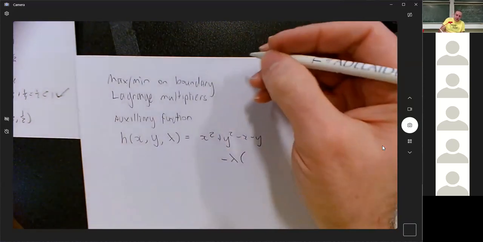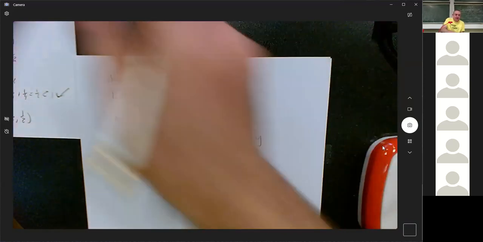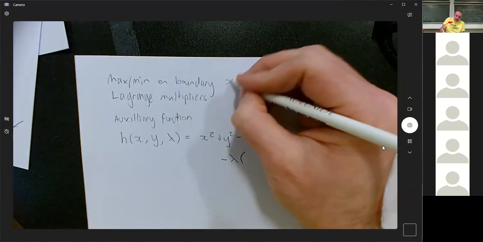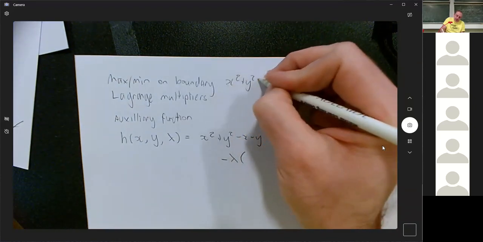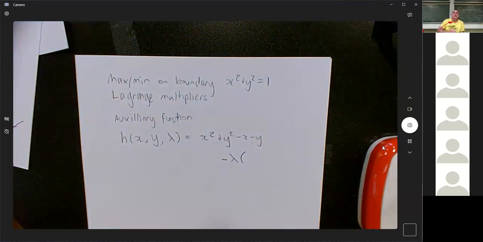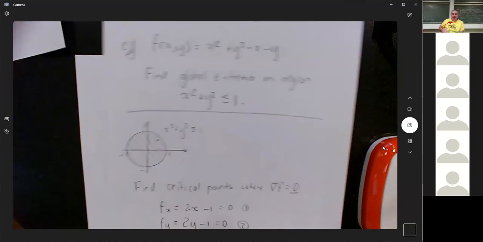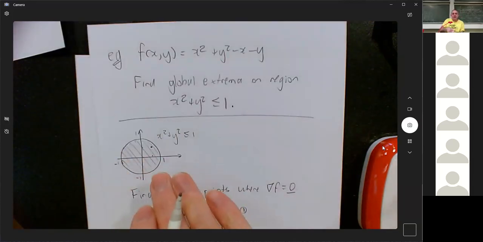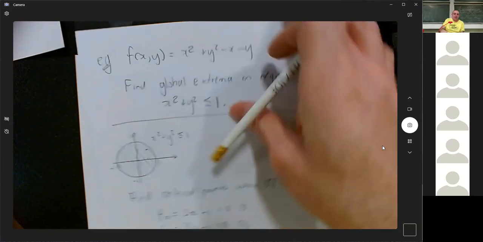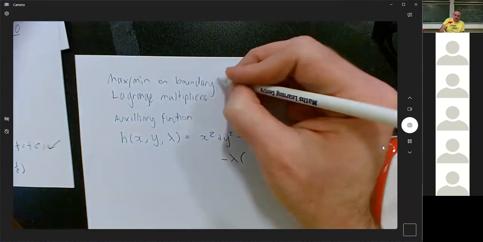So I'm just going to point out that the boundary of this is the place where x squared plus y squared is equal to 1. So it's less than or equal to 1 everywhere inside and on the edge of the circle, and the place where it's equal to 1 is the boundary.